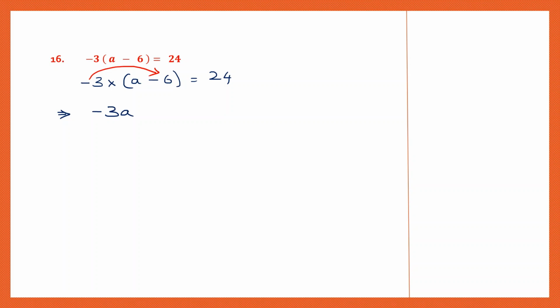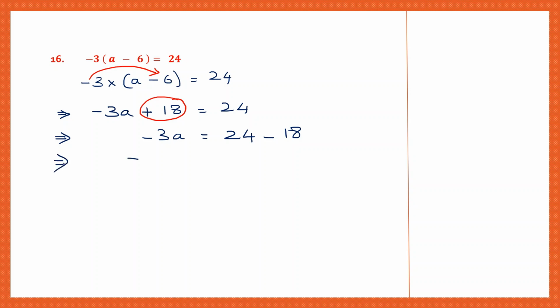So first the signs, minus into minus is plus. 3 6s are 18 equals 24. So minus 3a is equal to 24 minus 18, because we have transposed plus 18 from the left hand side to the right, it becomes minus 18.